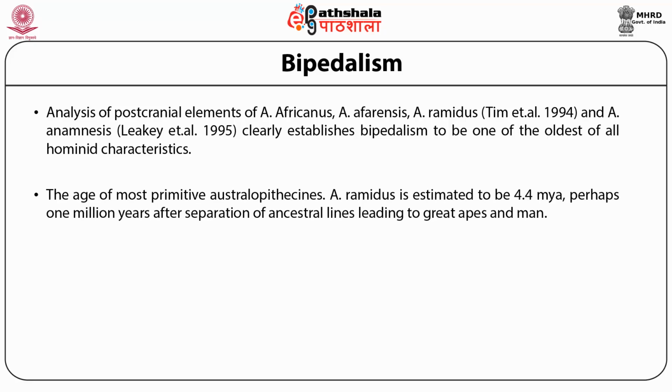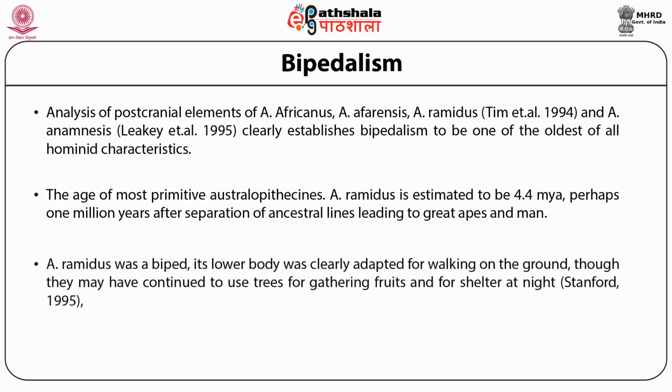The appearance of this group took place perhaps 1 million years after the separation of the ancestral line leading to great apes and humans. According to Stanford, Australopithecus ramidus was a biped.